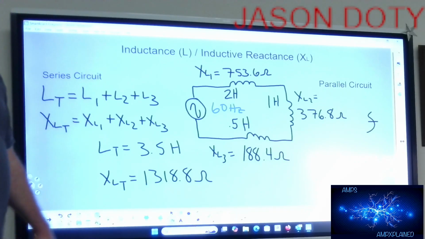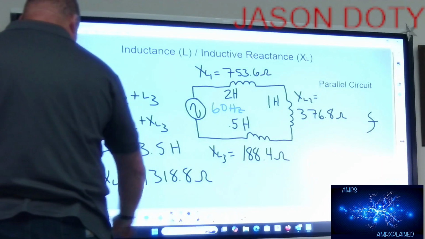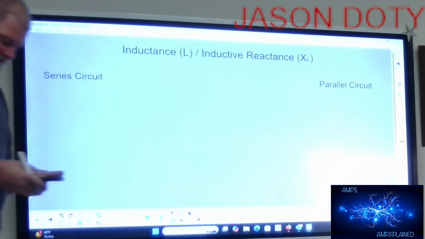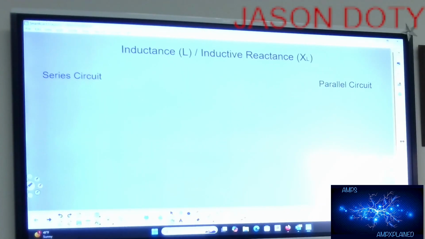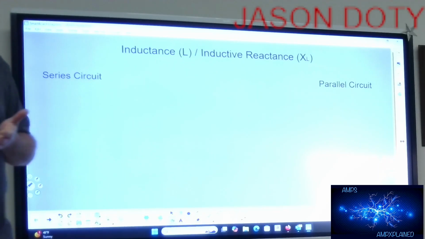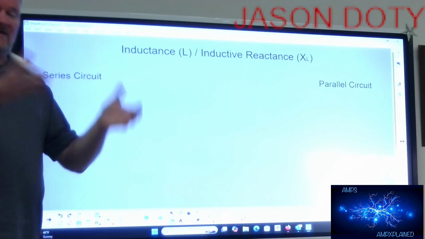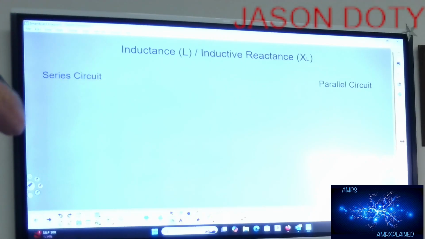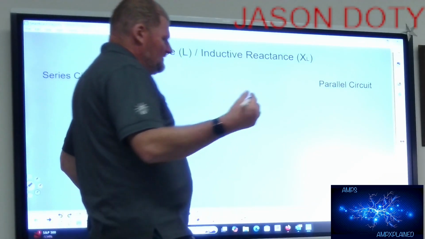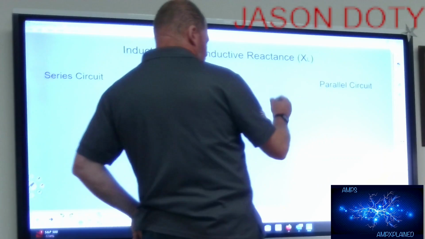So let's start to take a look now at parallel circuits. And you'll remember from DC theory, we don't add resistances up in parallel because as we add branches, we reduce total resistance. It's the reciprocal method. The same is true when we talk about inductors.